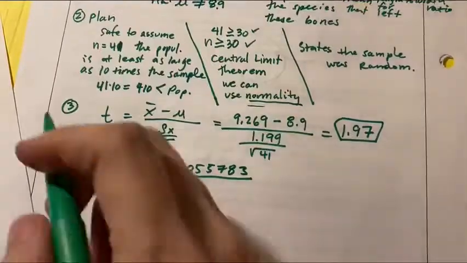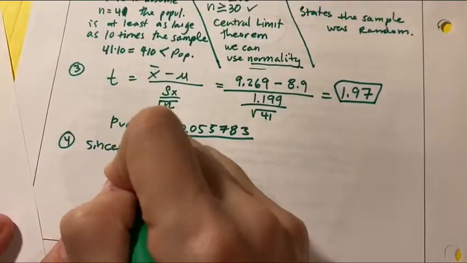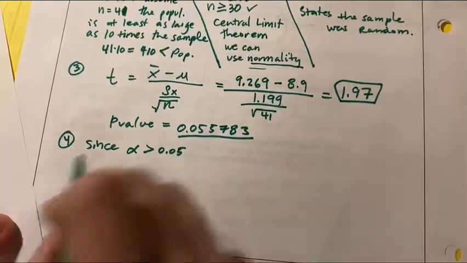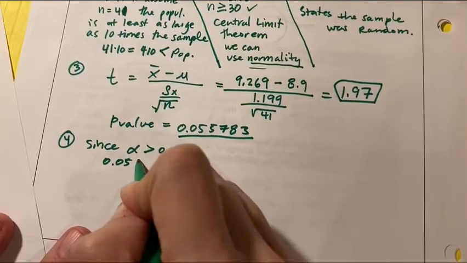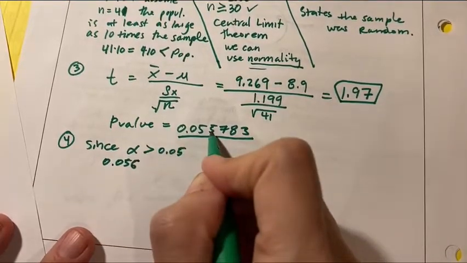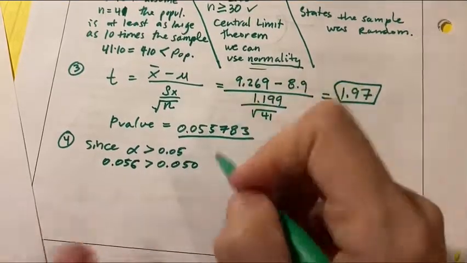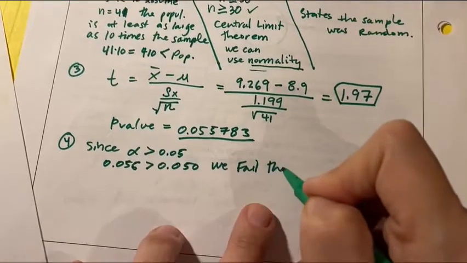So if that is the case, when we do our summary here, since 0.056, or however you want to round that, is greater than 0.05, we fail to reject the null.